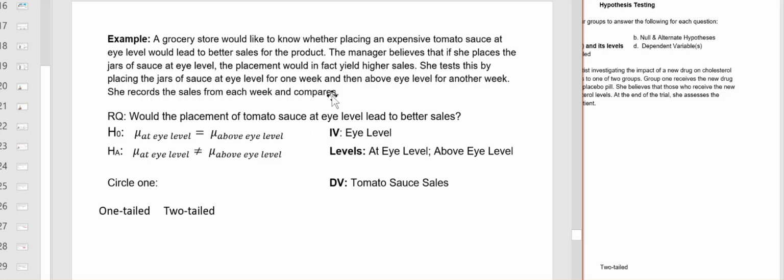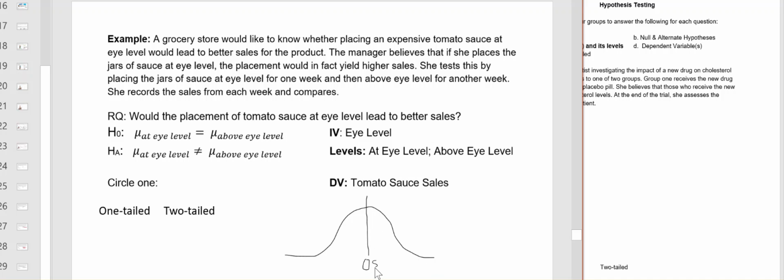Okay, so the manager believes if she places the jars of sauce at eye level, the placement would in fact yield higher sales. So notice in this statement, is there a direction being said here? Well, yeah, if we were to draw this out, we have this normal distribution, and here is the average.